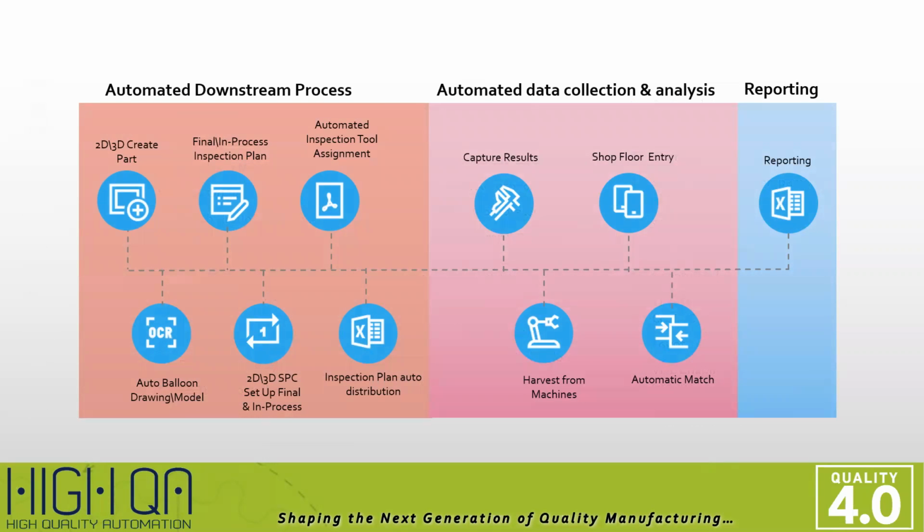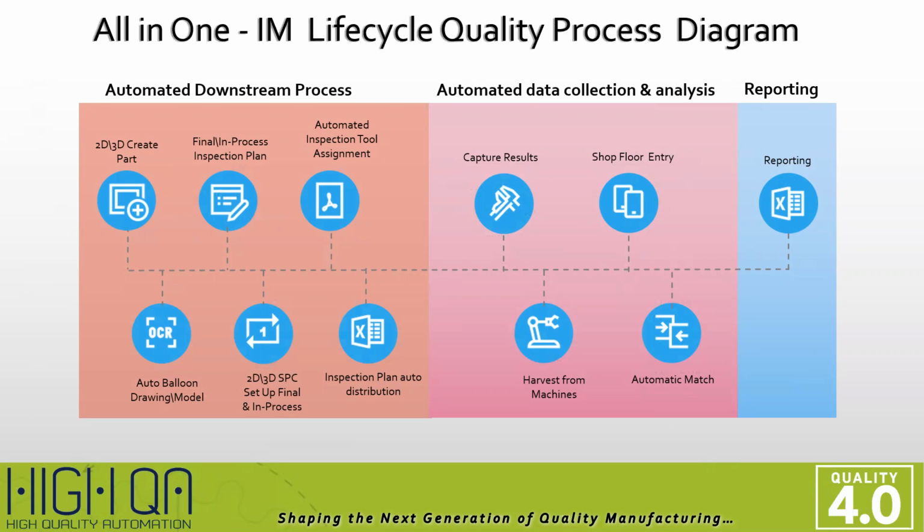And when we talk about real-time shop floor data collection, why is real time associated with a comprehensive, all-in-one system? When you collect data on the shop floor, there is a requirement behind the data collected. So when we talk about an all-in-one system, it starts from a 2D or 3D part, and you have all the components in place, not as a separate application or separate package that you then need to connect to get the data you need.